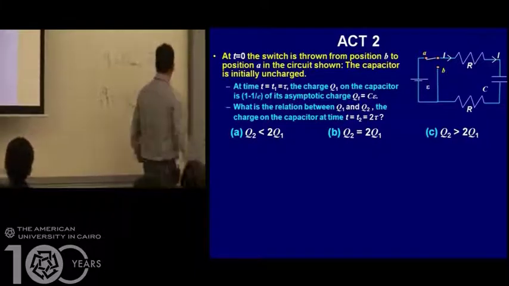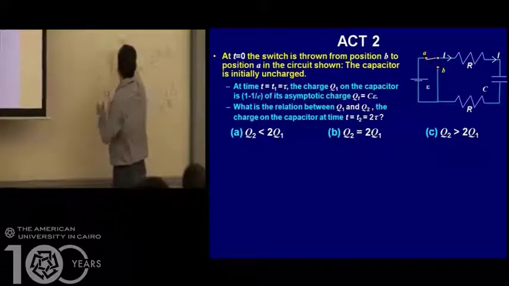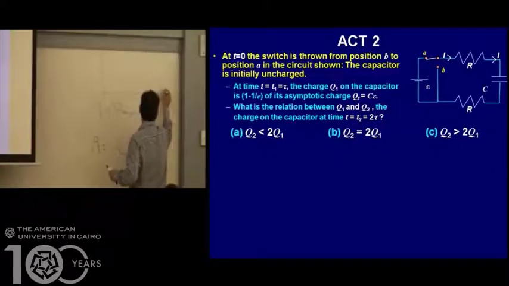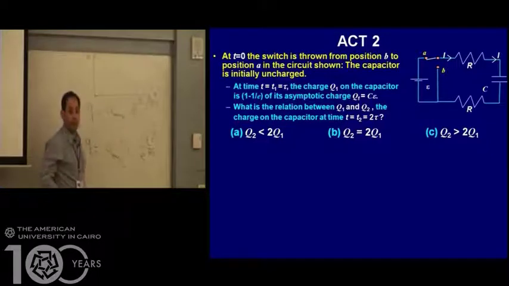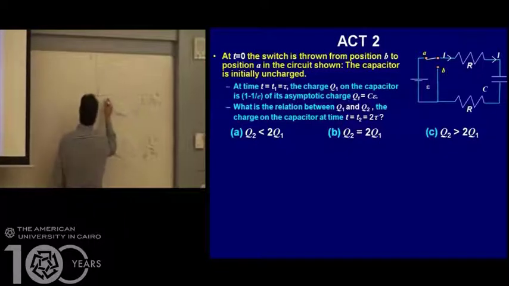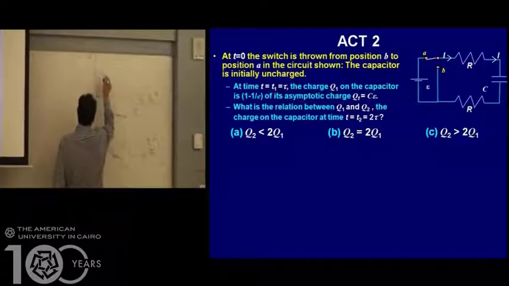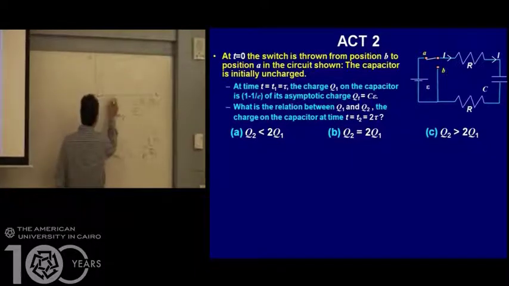So I'm going to assume this is charge as a function of time. Now, we're building the charge on the capacitor. So that's what happens. That's tau, 63%, and that's 2 tau.